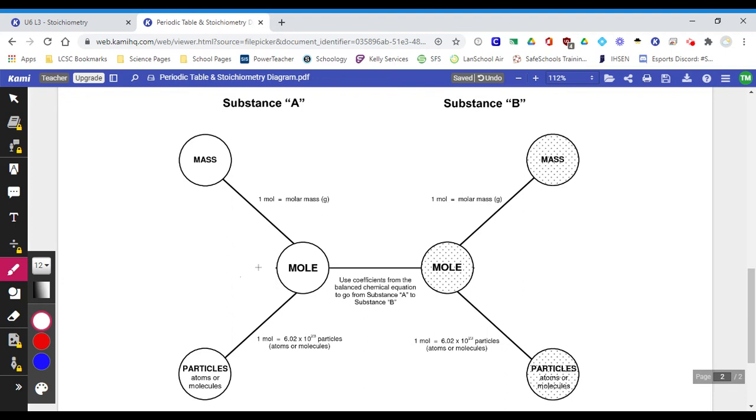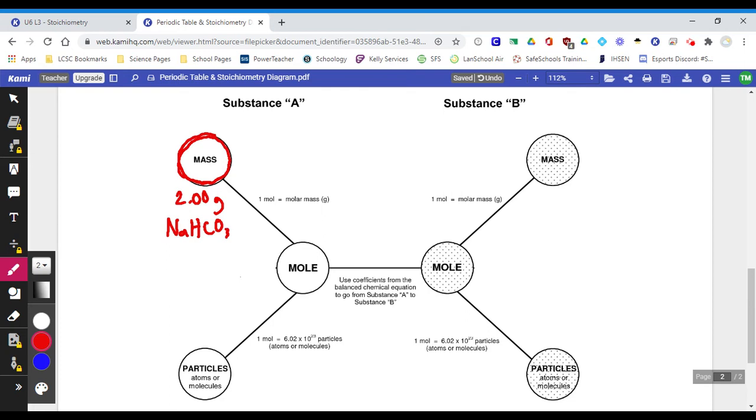Okay, so we are starting with grams of sodium bicarbonate. We're starting with specifically 2.00 grams of NaHCO3.